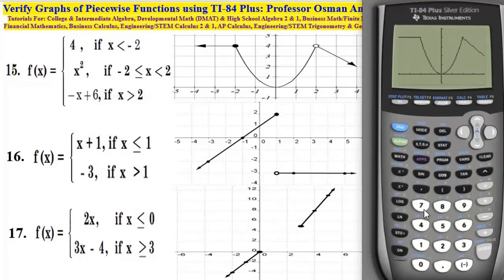If x is less or equal to 1, it is constant minus 3 if x is greater than 1. So it is x plus 1, and this is valid for x less or equal to 1.